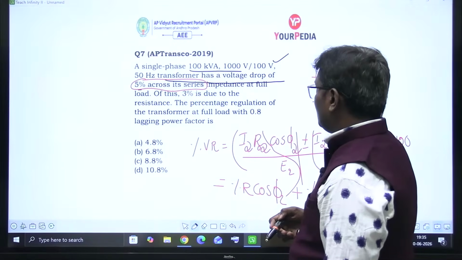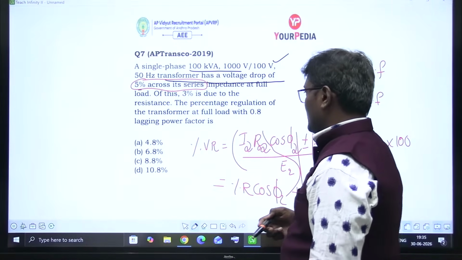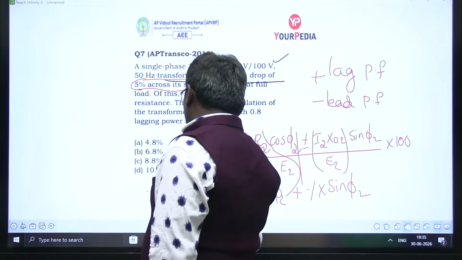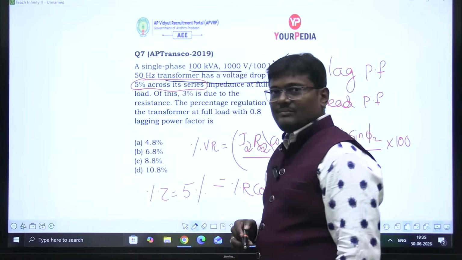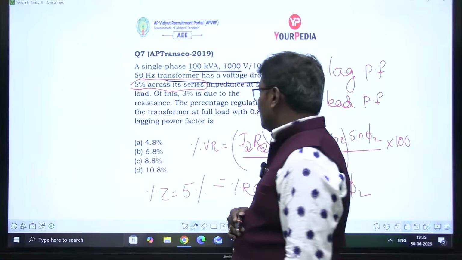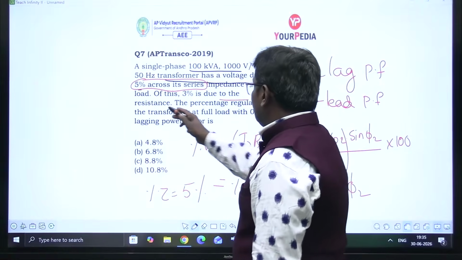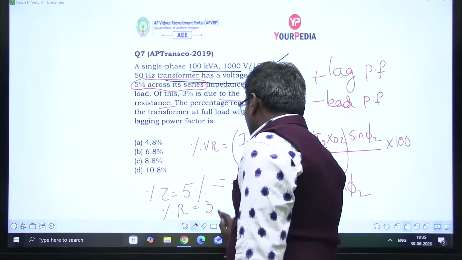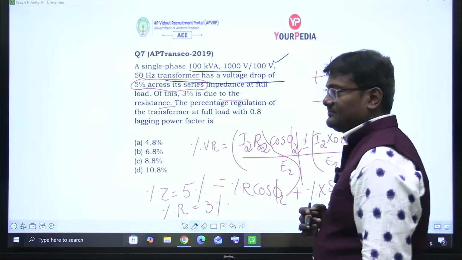So percentage impedance is given as 5%, and percentage resistance is given as 3%.